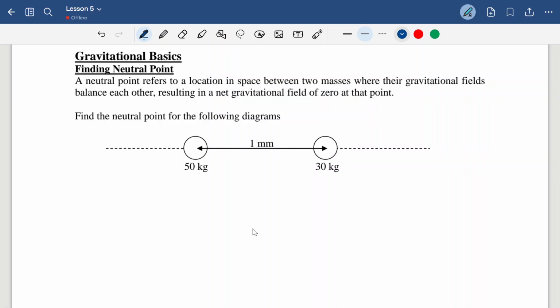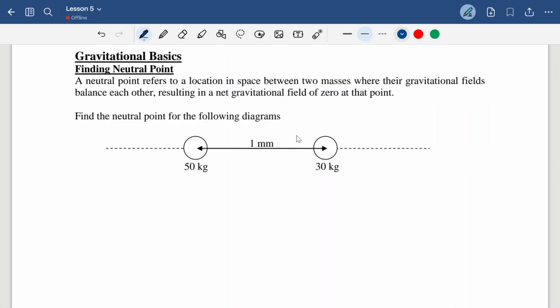A neutral point is a point between two masses where the net gravitational field strength is 0. There are only two places where field strength can be 0. One is at infinity, one is at the neutral point.